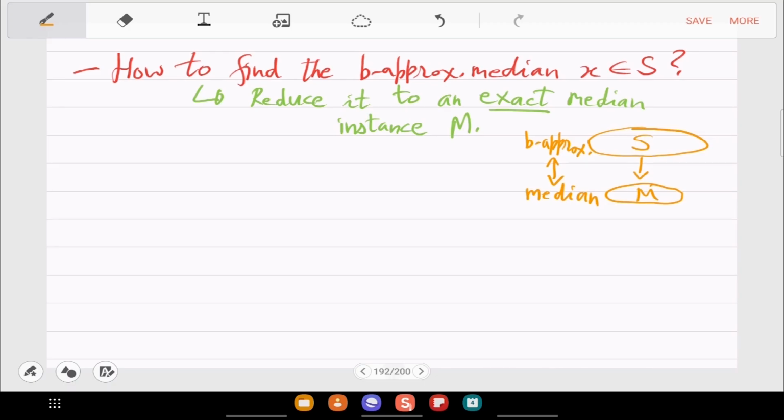Idea 1 you have seen, so now that's the last idea. We want to break S into sets whose median you can compute very fast. How big should these groups be so that you can compute the median by brute force?